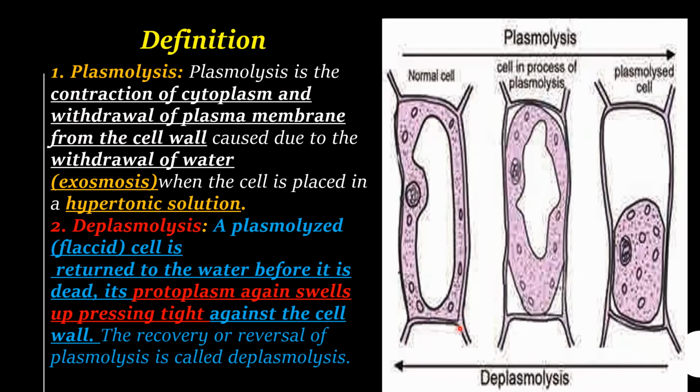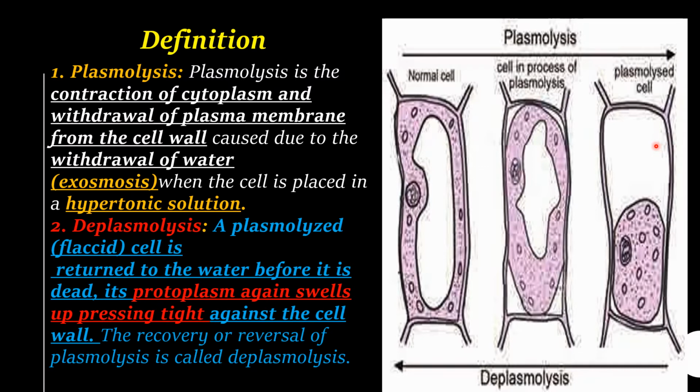Then the recovery or reversal of plasmolysis is called deplasmolysis. At the time of deplasmolysis, the flaccid cell becomes turgid again. At the time of plasmolysis, the turgid cell becomes flaccid.